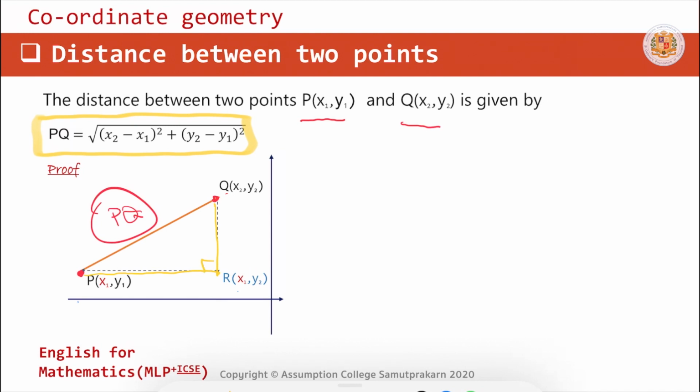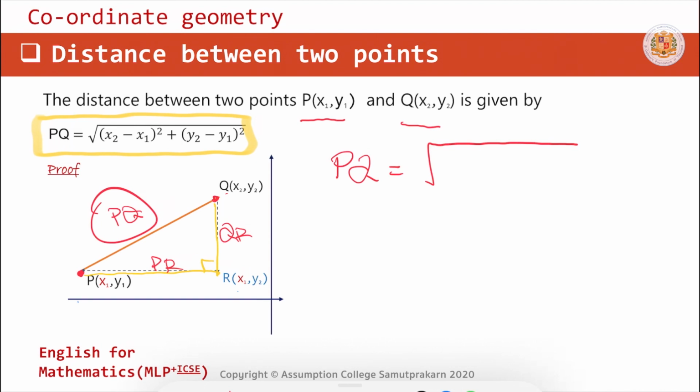PQ would be the square root of, because PQ square equals PR square plus QR square. Since I only need PQ, I put the square root on both sides.